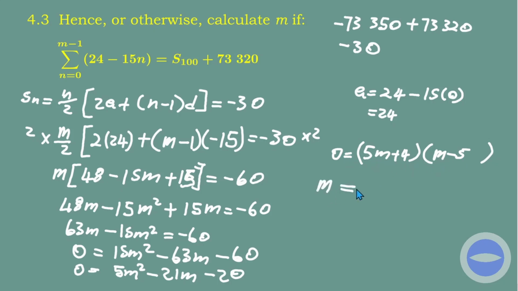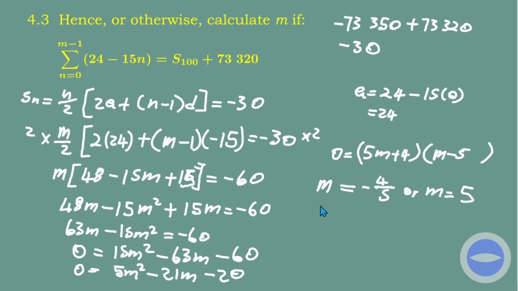Therefore m equals negative 4 over 5, or m equals 5. Because here we are looking for a whole number, m cannot be a fraction or negative.